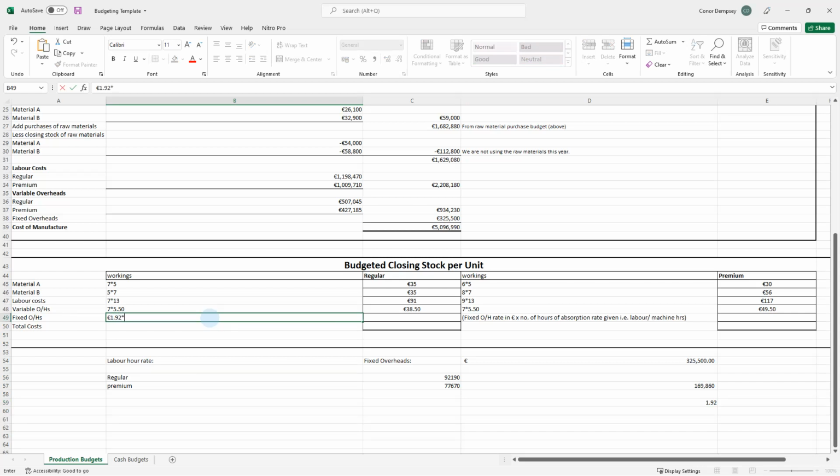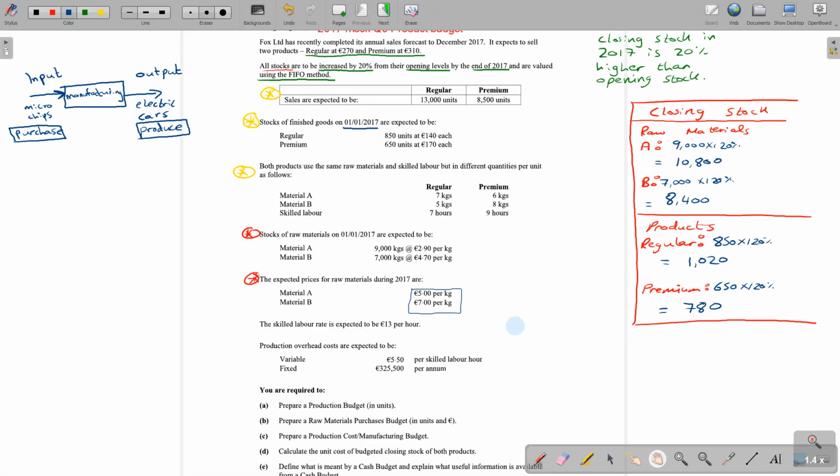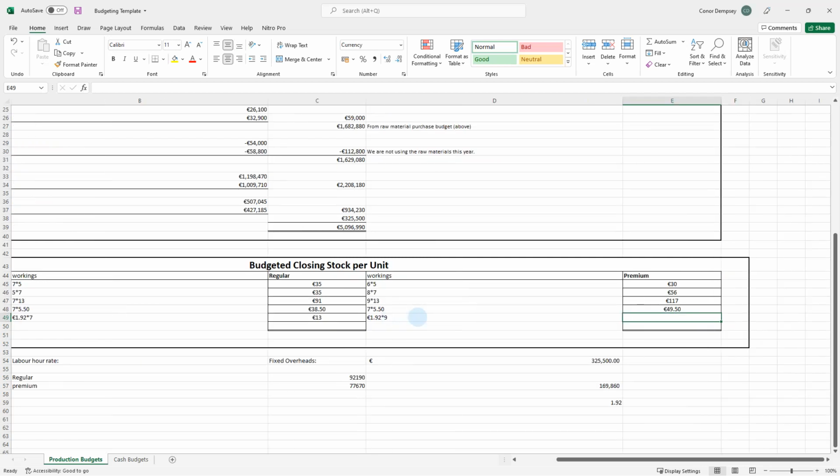So we have 1.92 at, again, how many labor hours per unit? It was 7. And the labor hours for product premium was 9 hours. So again, 7 and 9. What do we get there? We get 1344 and we get 1728.